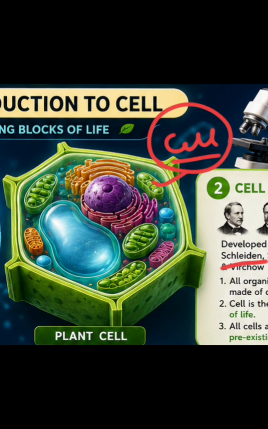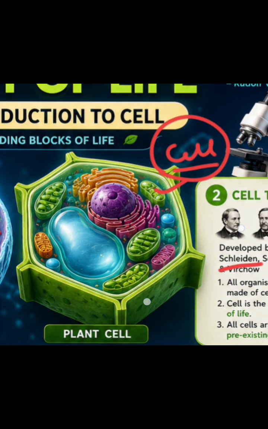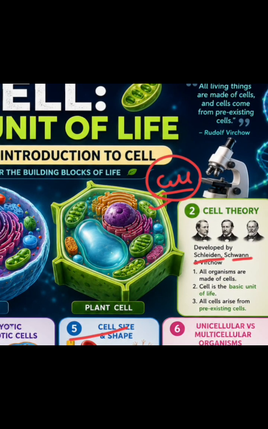So this theory was given by Schleiden and Schwann, proposed by Schwann. After a few years, the next question arose: from where does the cell arise, how is it formed, how does it originate? So the third scientist came into existence, Rudolf Virchow. He proved that all cells arise from a pre-existing cell.